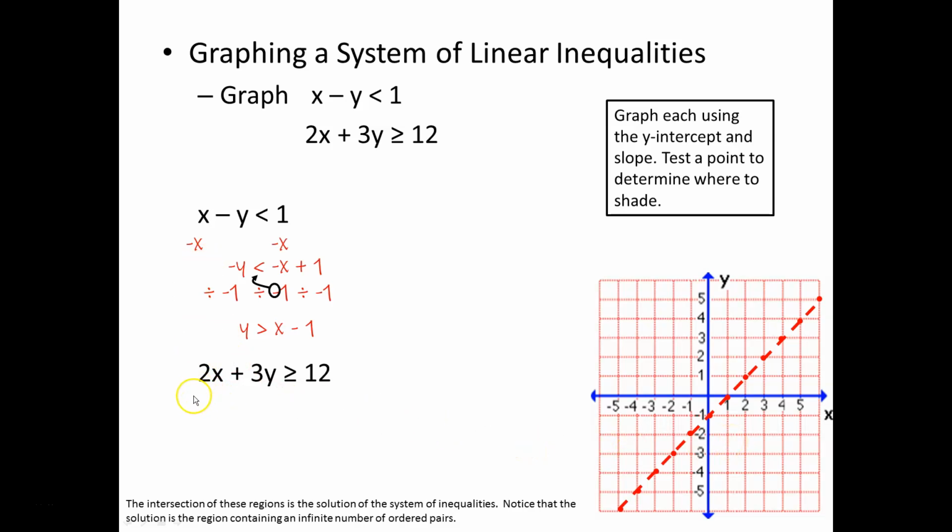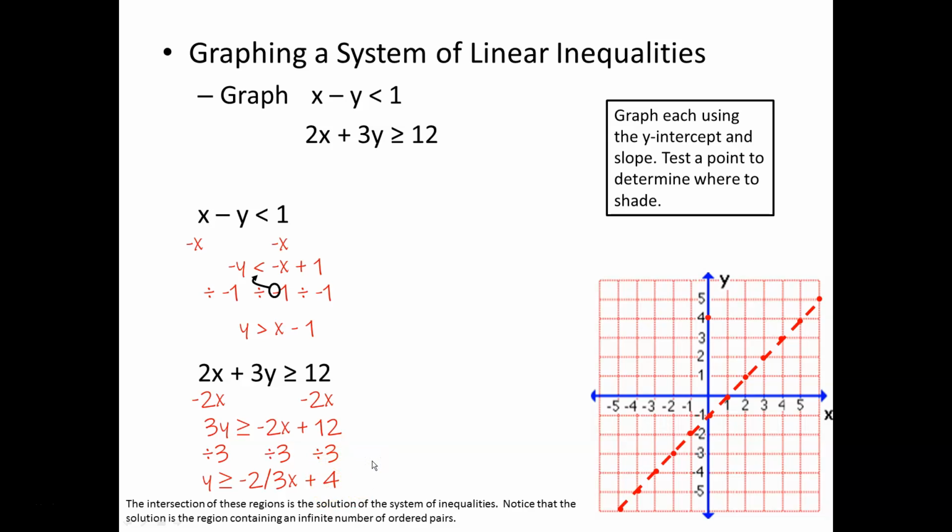So now let's look at 2x plus 3y is greater than or equal to 12. We're going to subtract 2x from both sides. We're doing the same thing, getting that y by itself. Then we're going to divide everything by 3. And we get y is greater than or equal to negative 2/3 x plus 4. So we start at the 4.